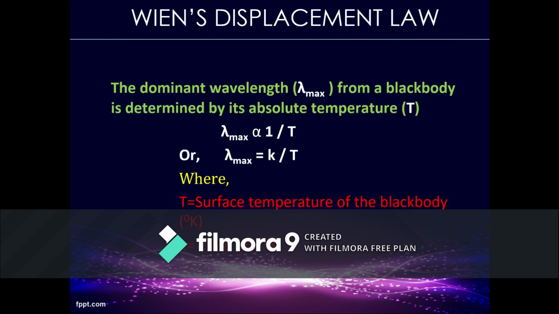Therefore, as the sun approximates a 6000 Kelvin black body, its dominant wavelength, meaning the lambda max, is 0.483 micrometer. And for the earth, it is 9.66 micrometer. You can just go through this equation.